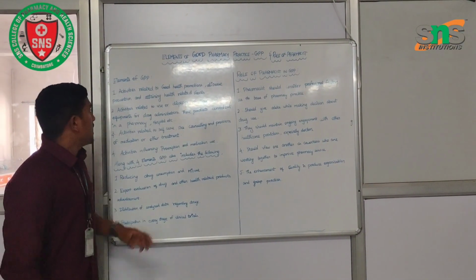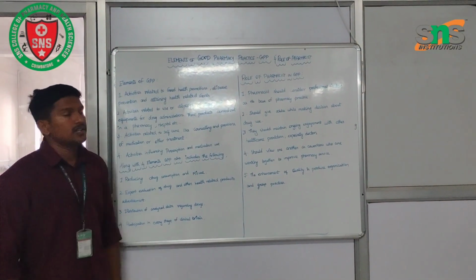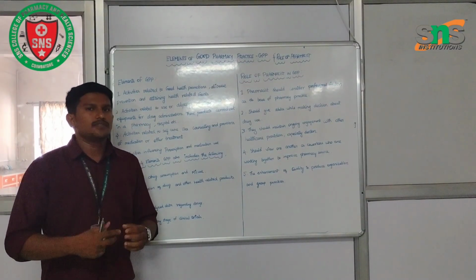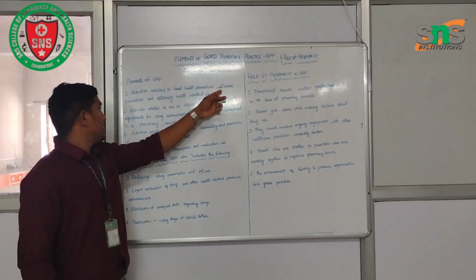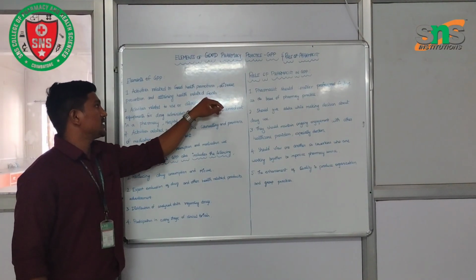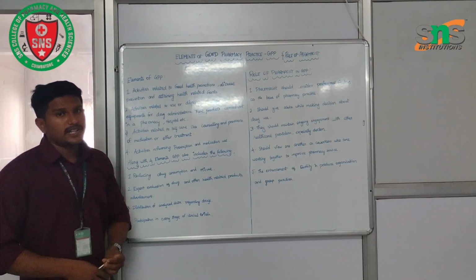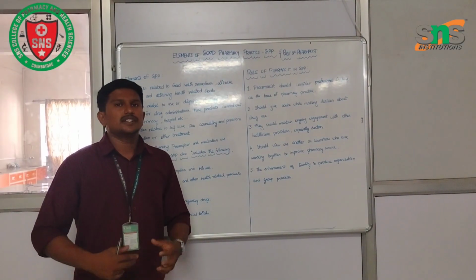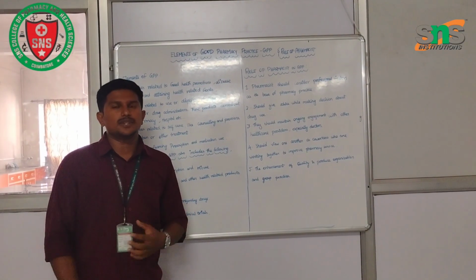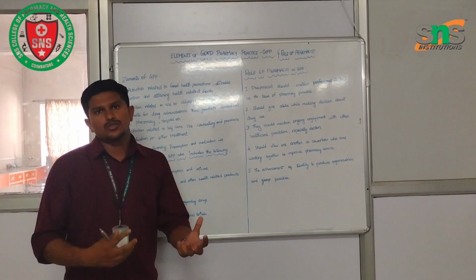The first one is advanced activities related to good health promotion: activities in health promotion, disease-related promotion, active disease prevention and attaining health-related goals. These activities are involved in hospital sites and develop promotions related to patients.